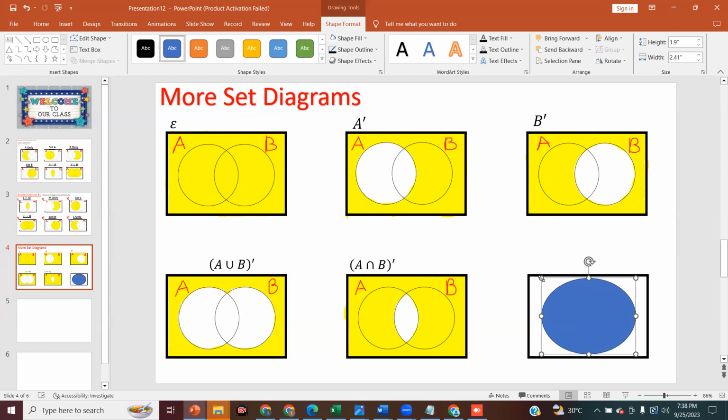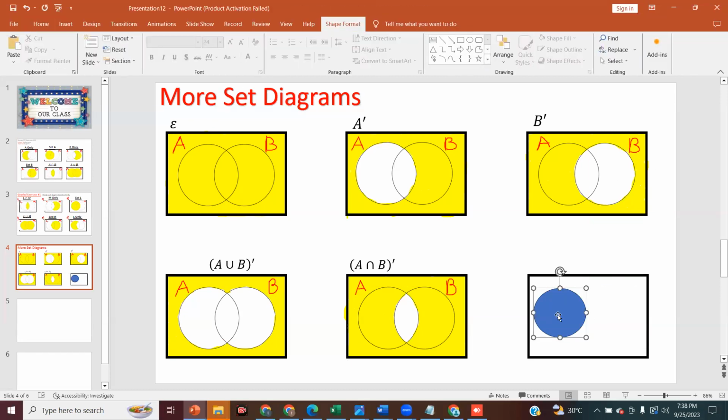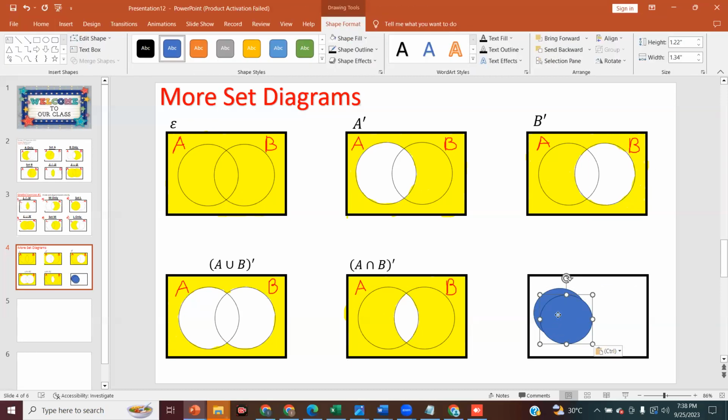No, that wouldn't make sense. If we do a subset, that would not be nice. But this time, let's say the two sets do not have an intersection.